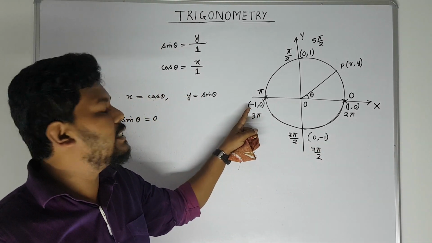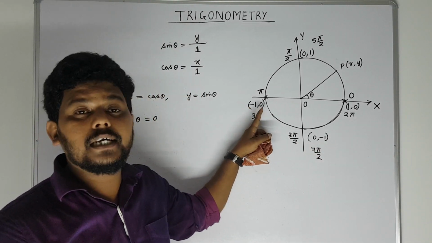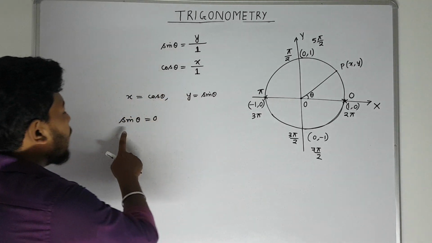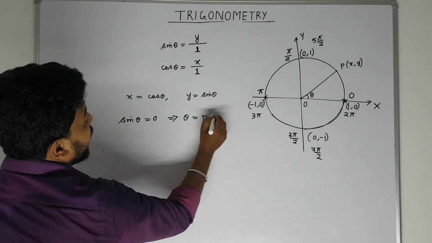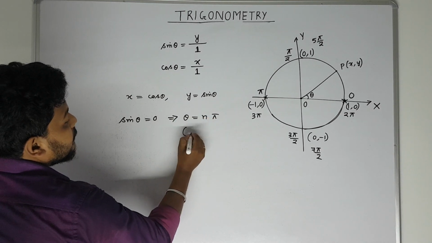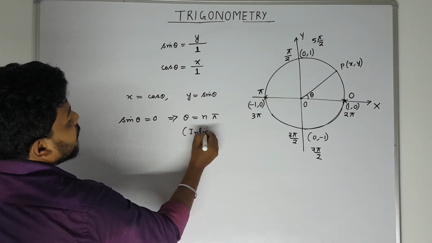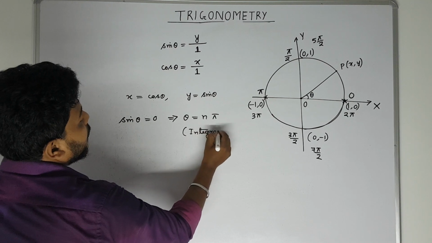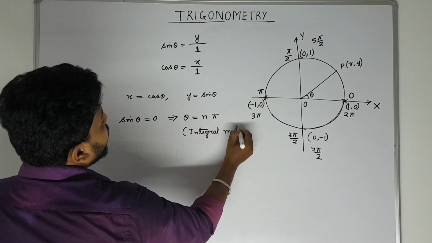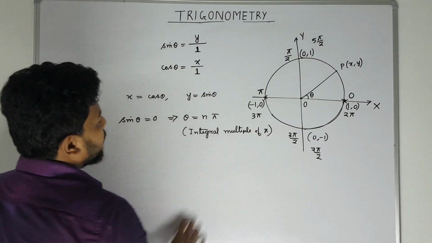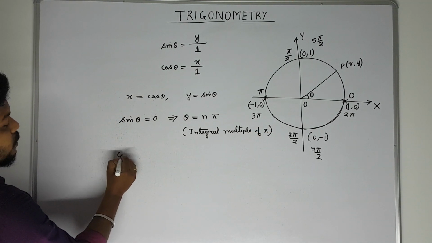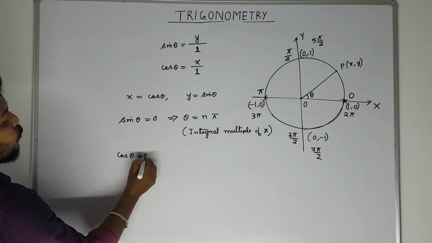Here cos pi is equal to minus 1 and sine pi is equal to 0. So your sine theta will be 0 when theta is equal to n pi. N pi means integral multiple of pi.